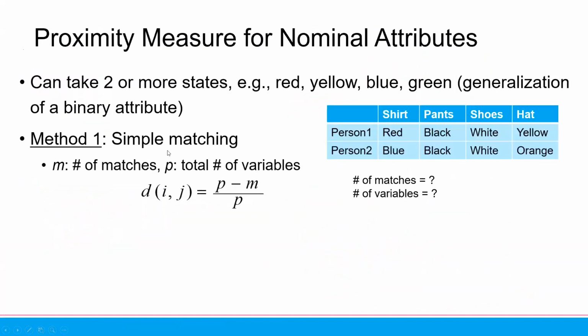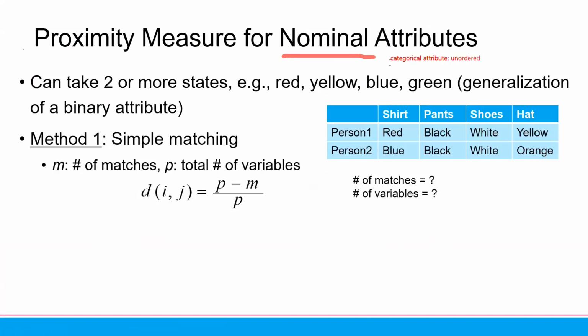If we want to see the proximity measure for nominal attributes, you know, nominal attributes. Nominal means category, okay? Categorical attributes. And these categorical attributes are unordered.